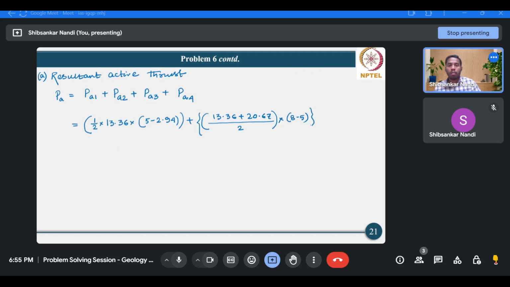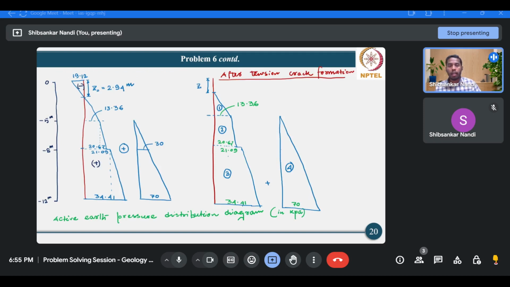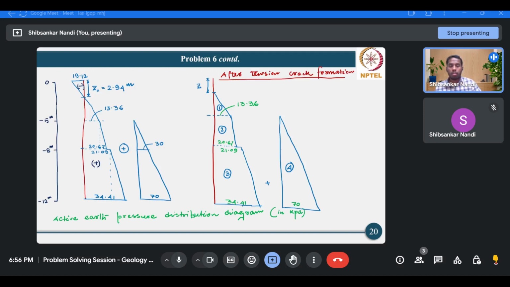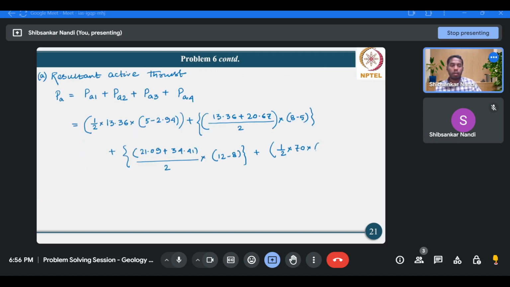Now coming to the third component, it's again a trapezium, and the sides are 21.09 and 34.41. 21.09 plus 34.41 divided by 2 multiplied by 12 minus 8, plus the last component, that is a triangle, so half into 70 into 15 minus 12.